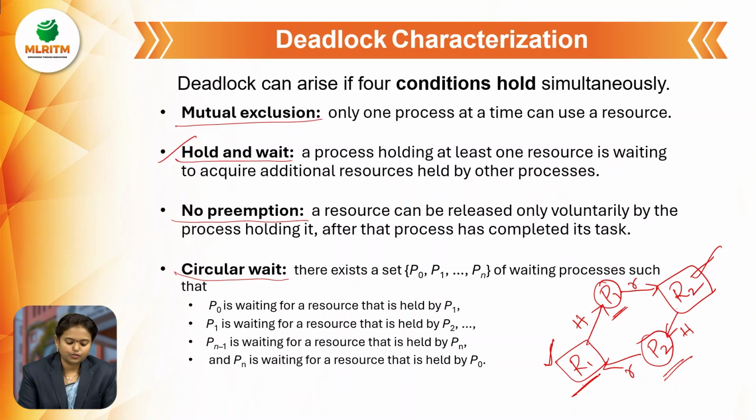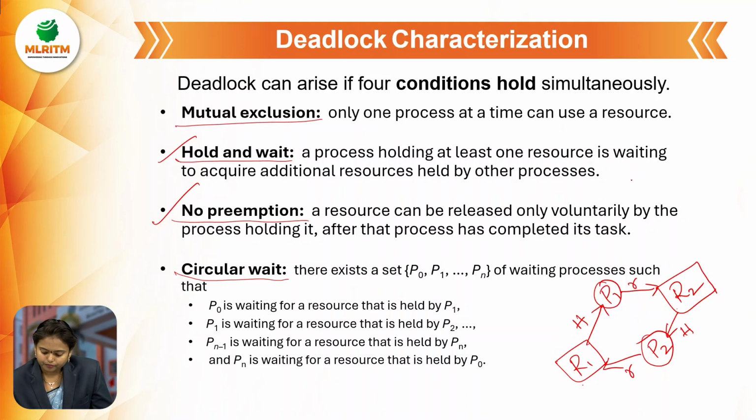And next condition is what? No preemption. No preemption means not preemptive. Non-preemption means if the process, as we know, P1, P2 and so on, let us take from the ready queue, P1, P2 are entered into the CPU for the purpose of execution.